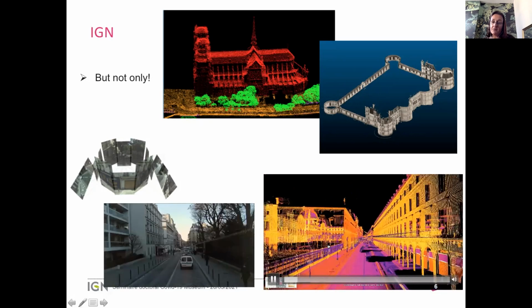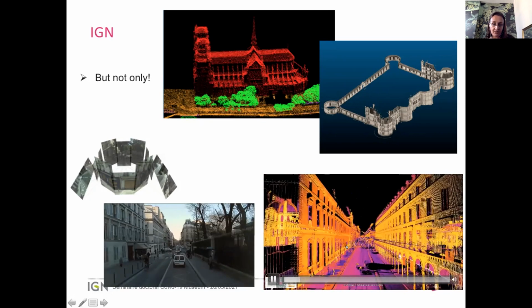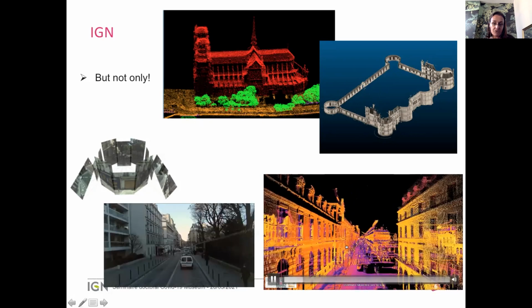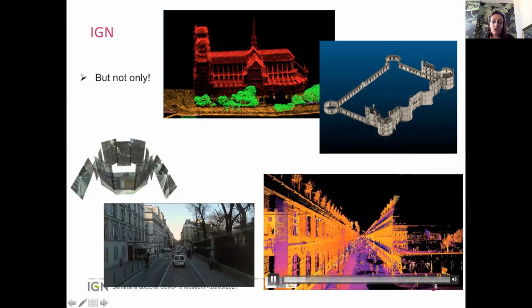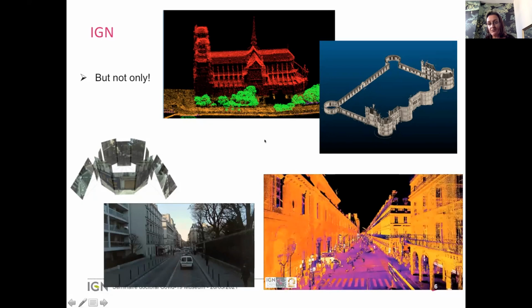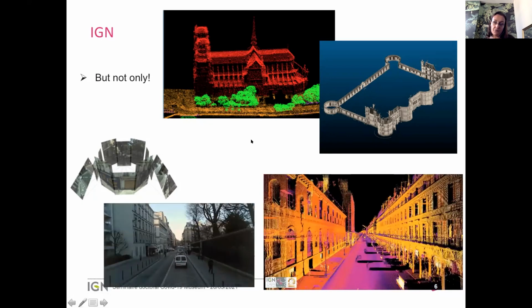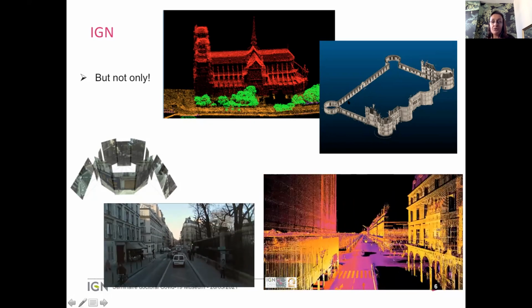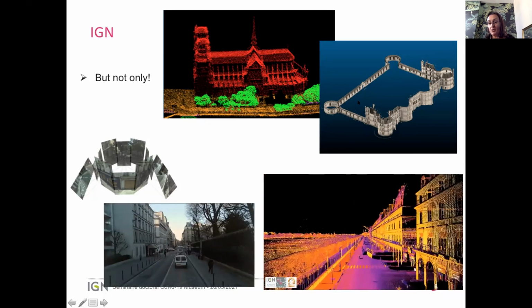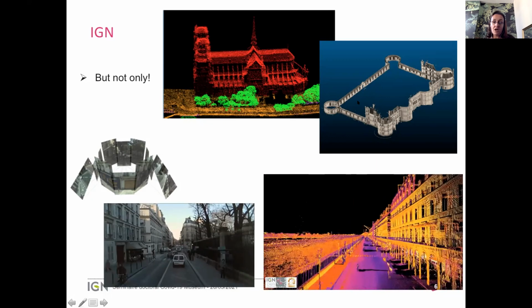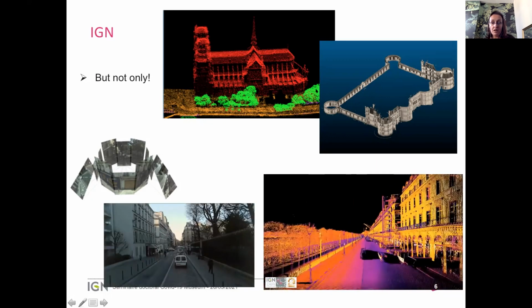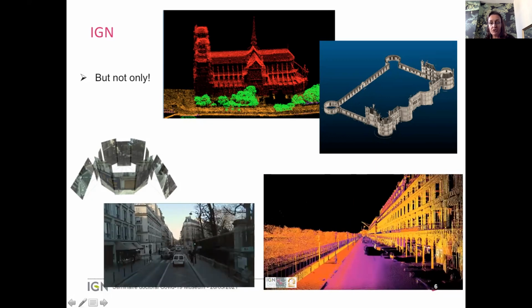For example, all Paris was acquired like this with such kind of information. And we also exploit such data with photogrammetry and computer vision tools, for example, to obtain very precise 3D models of monuments. Here, Notre Dame, and here, Château de Chambord.